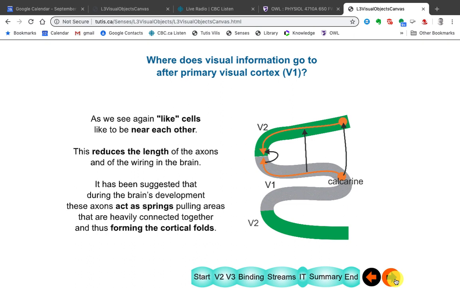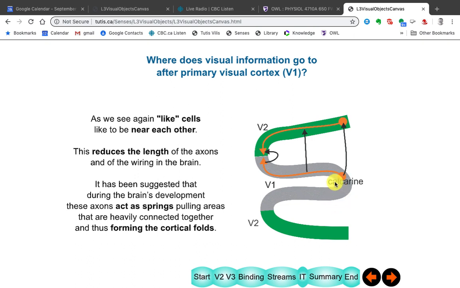Now, one thing that does is the following. There's a theory that the neurons going from one place to another place within the cortex, and these axons here acting like springs, pulling these two together physically and producing a fold here.